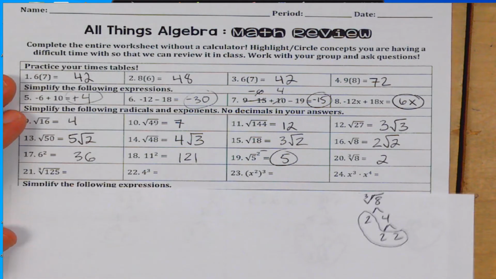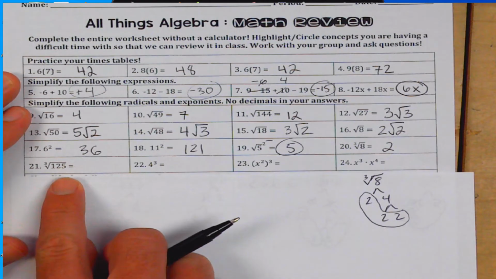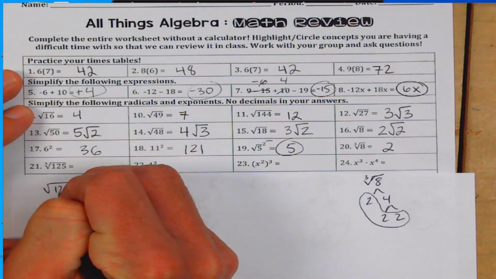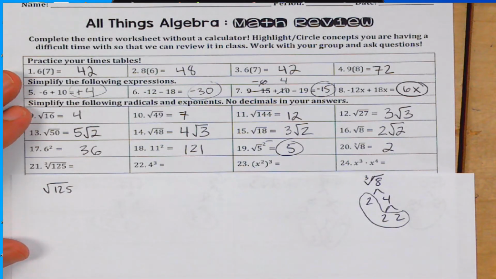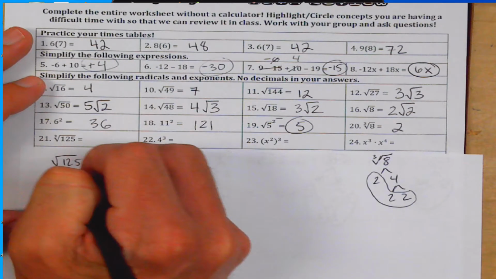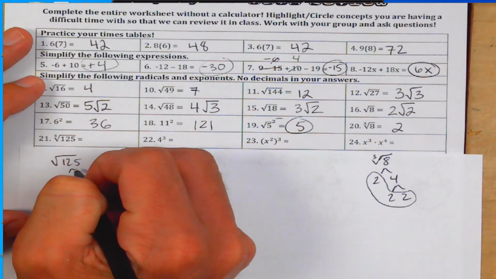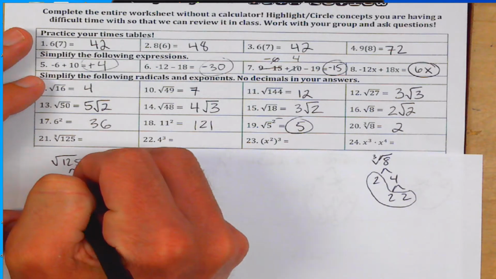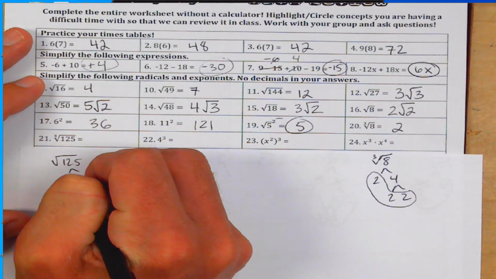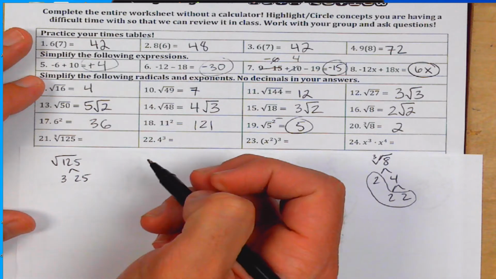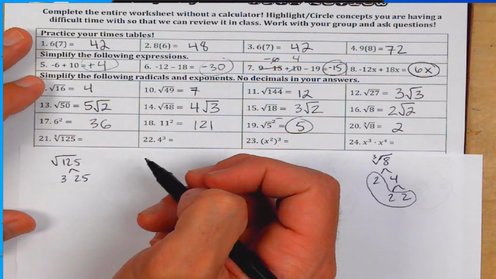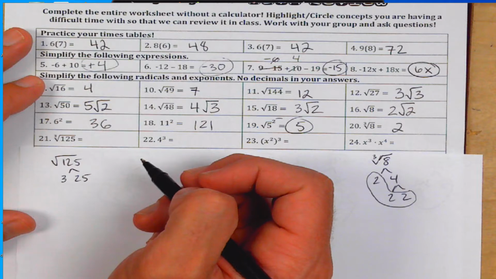We see down here a cube root of 125. So again, I'm looking for 3 of the same factors. So you might know that this is what? 3 times 25. No, not 3 times 25. I apologize.